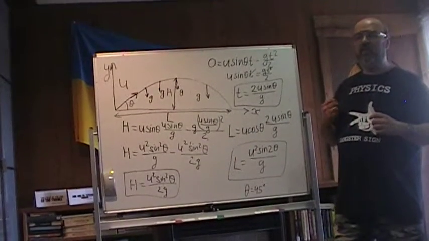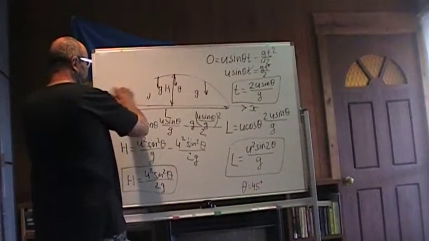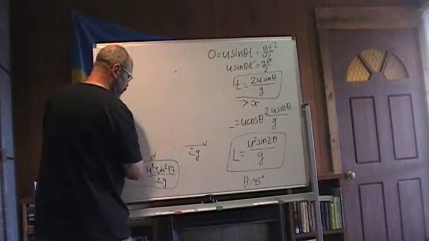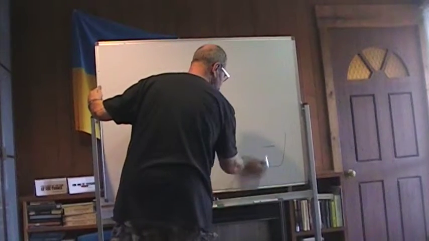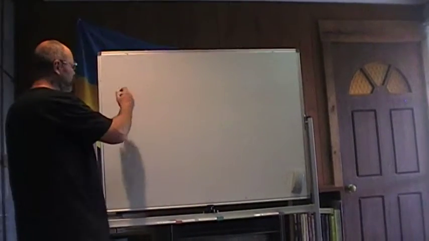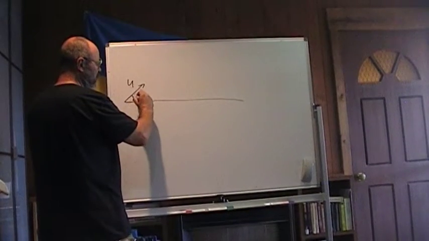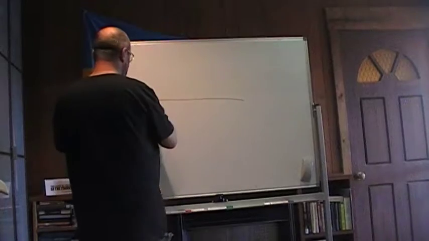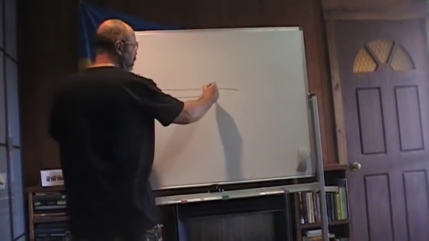Let's consider a situation when you start and finish not at the same height. Let's say the question is, you kick the ball at initial velocity u and at the angle theta to the horizontal, and at a distance d there is a wall.